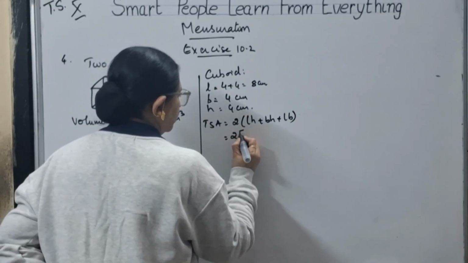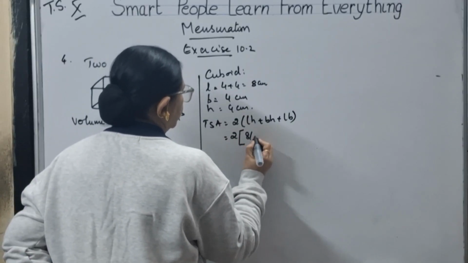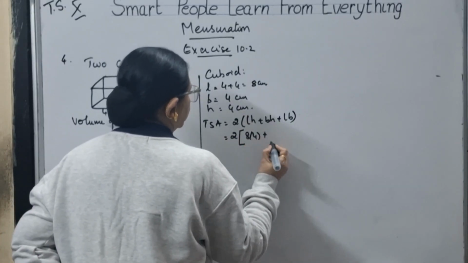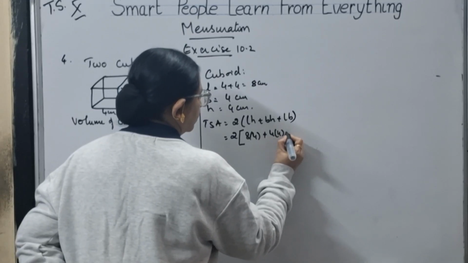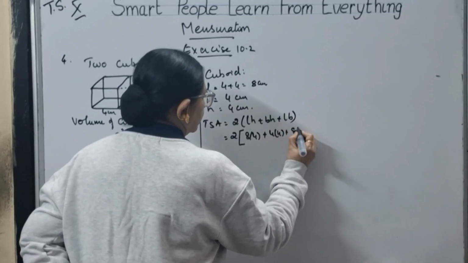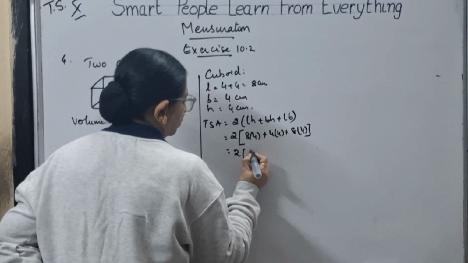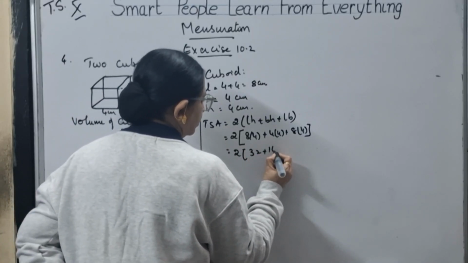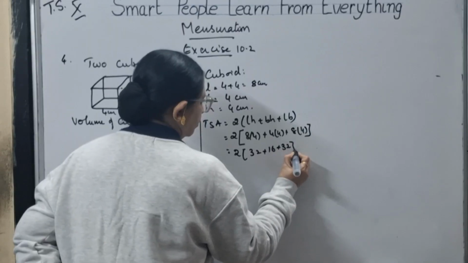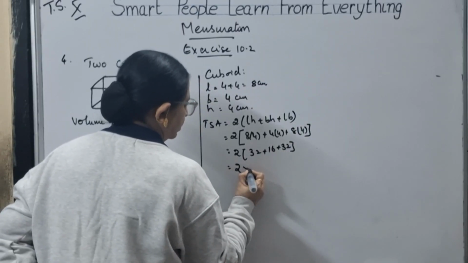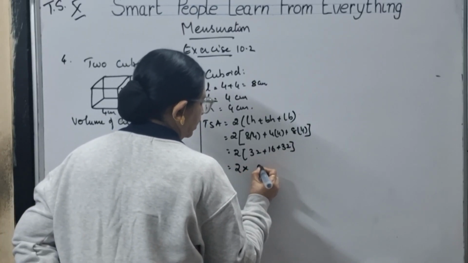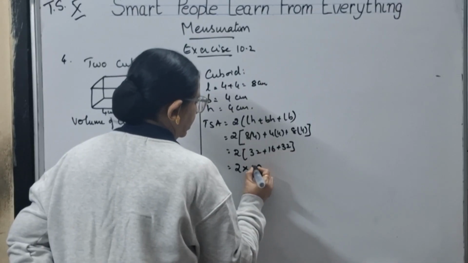So 2 into (8 into 4 plus 4 into 4 plus 8 into 4). That is 2 into (32 plus 16 plus 32). 2 into 80.